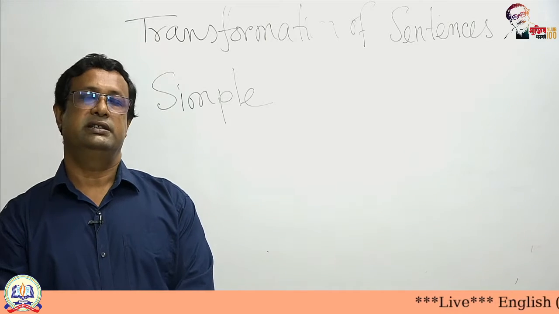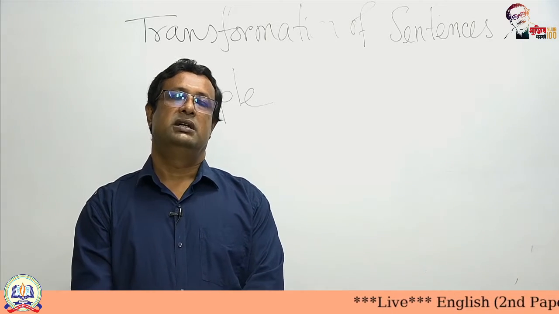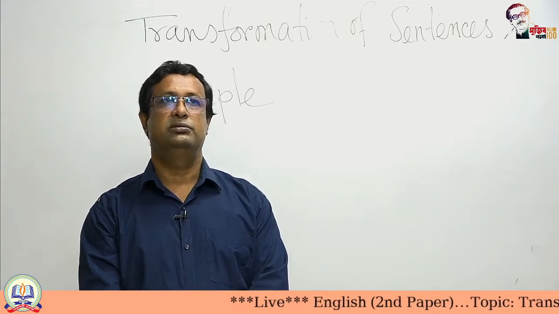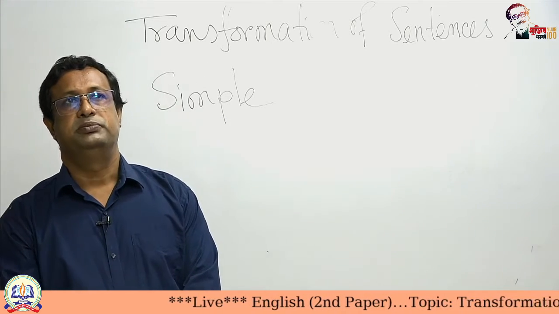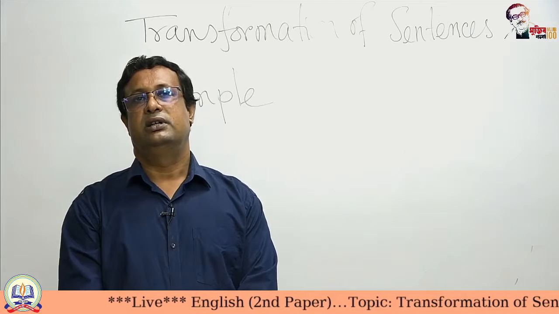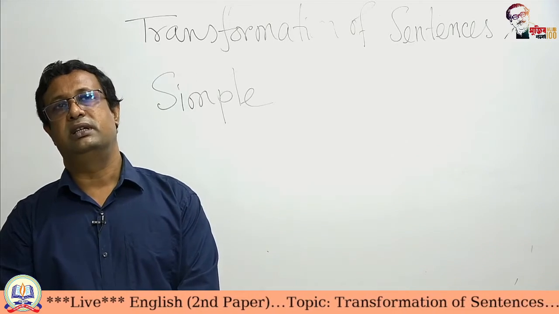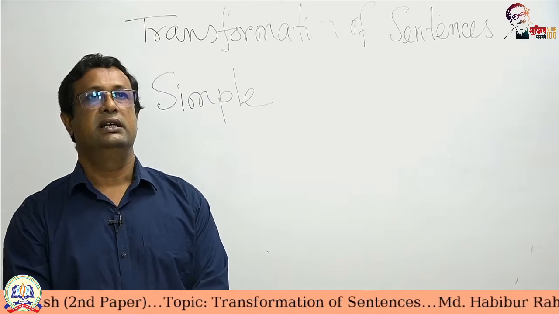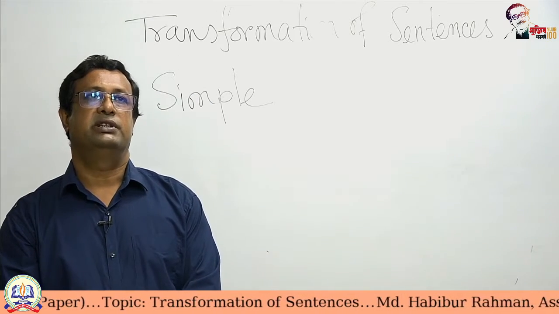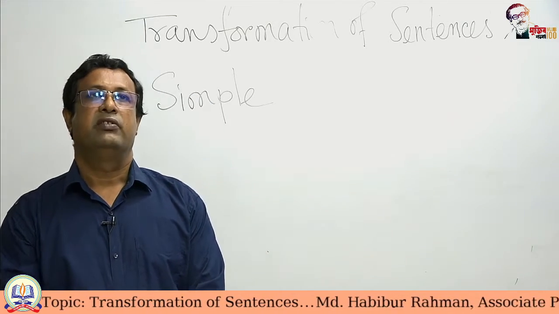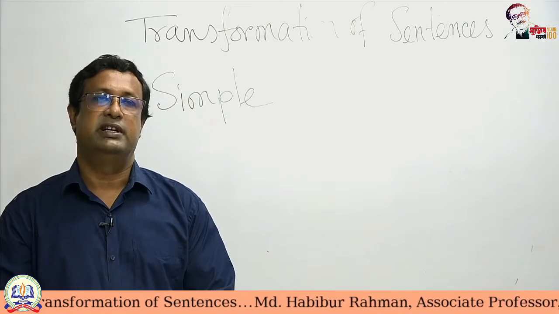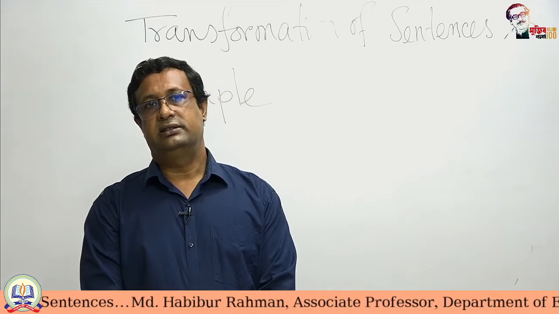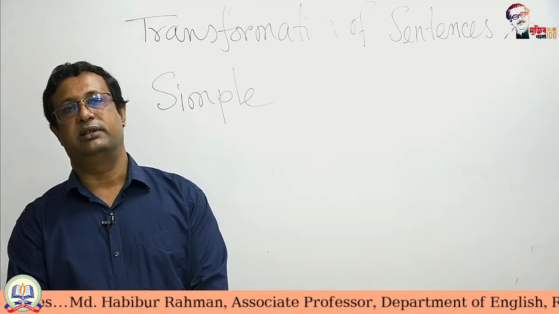And in a sentence, you may have many other things, but in order to count the clauses, we have to know the finite verbs. Finite verbs are very, very necessary here, and we have to know what a finite verb is. A finite verb is that verb which changes according to tense and person or subject.